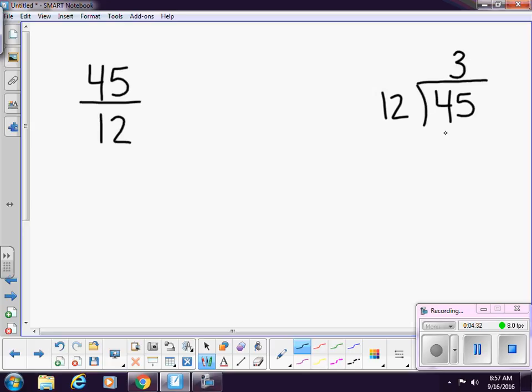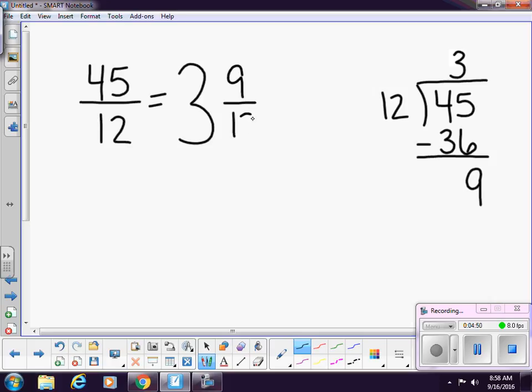So 3 times 12 is 36. When I subtract, I'm going to get what left? 9. So now my fraction looks like 3 and 9 over 12. But what do I have to do? I have to reduce. So 3 and 3/4.